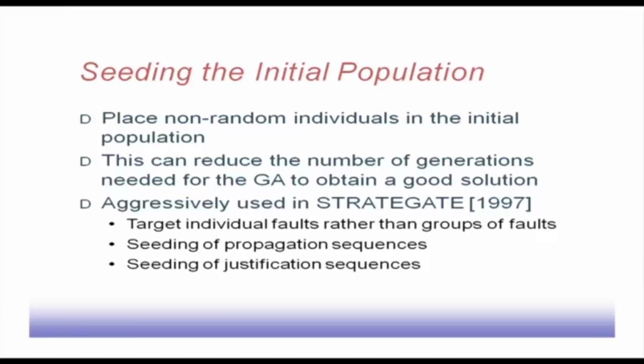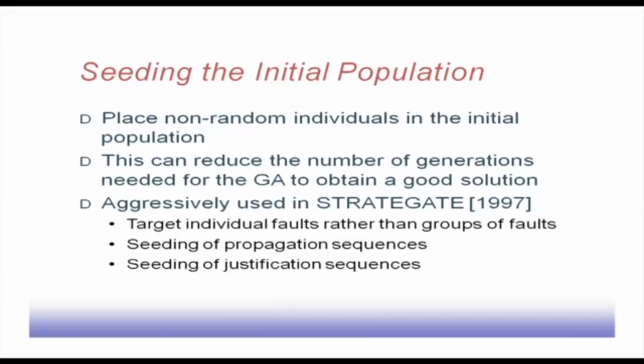It may not generate a good number of individuals of different varieties. So, apart from these random individuals, we also need to put some non-random individuals in the initial population. What can we do?